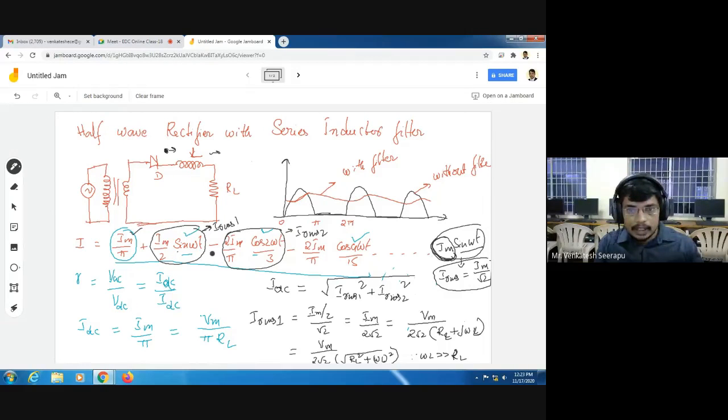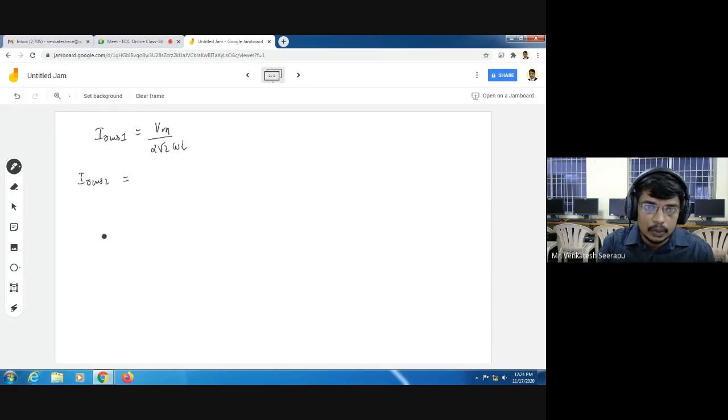We neglect the minus sign because we are taking only the magnitude, so for the total multiplication of this sine or cosine we consider the constant as the maximum value. Exactly right, as one of your friends told, the maximum value is 2Im by 3 pi.